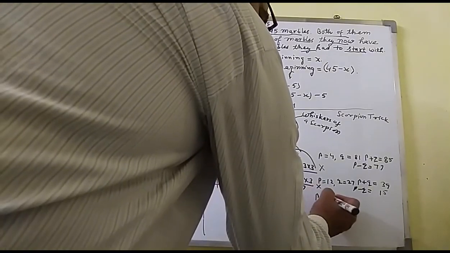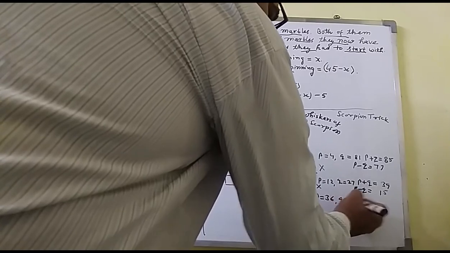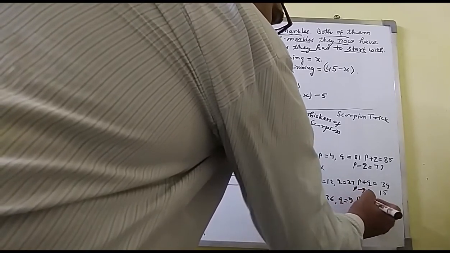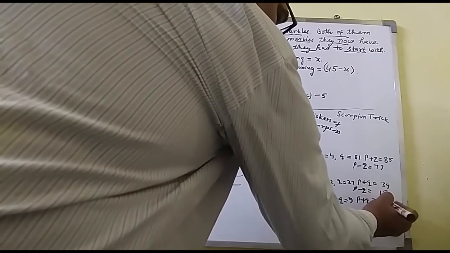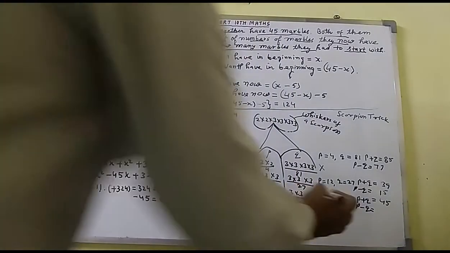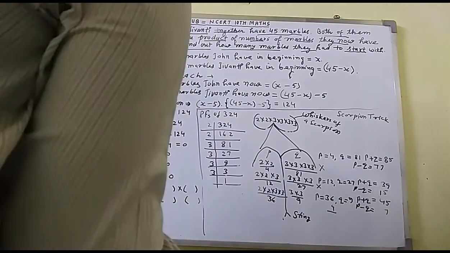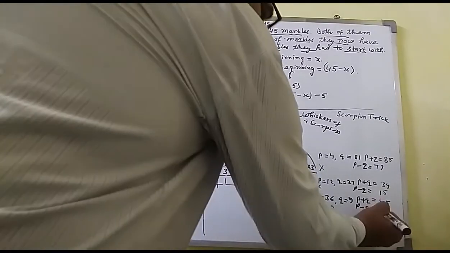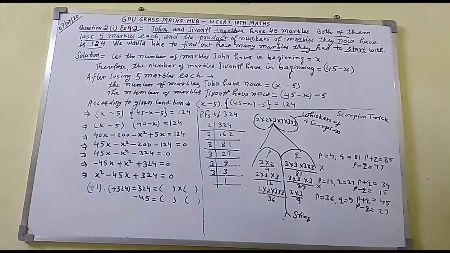Now you have got P equal to 36 and Q equal to 9. If you do the operation, P plus Q will become 45. If you do P minus Q, you will get 36 minus 9, which is 27.